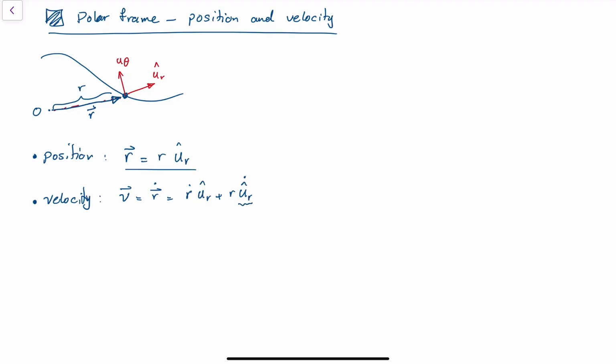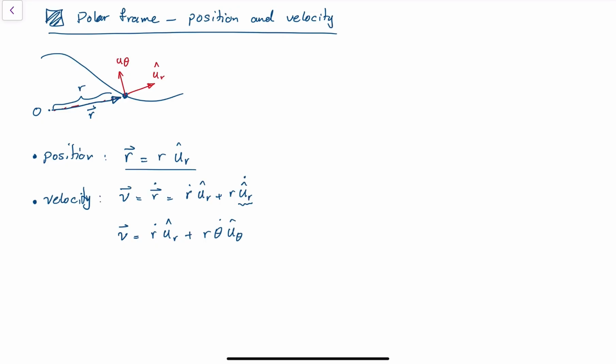I'm not going to derive that, but it is fairly straightforward. And what you end up with is v equals r dot ur plus r theta dot u theta.